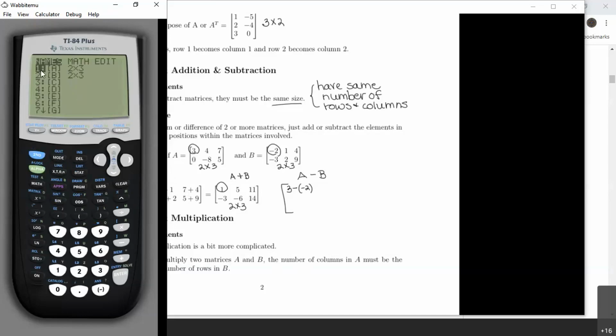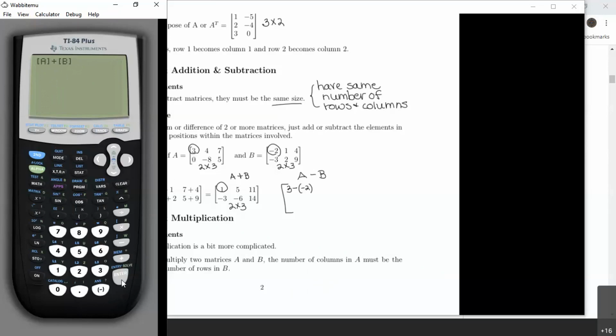And I'm going to pull, notice that I'm in the names menu now, matrix A, put that in my window. If I hit enter now, it'll just dump the contents of the matrix, but I want to do an operation. So I'm going to put my plus sign, then go back into matrix, go down to matrix B in the names menu and put that there. So now I have it set up to do an addition of 2 matrices.